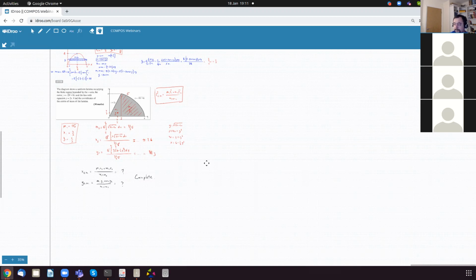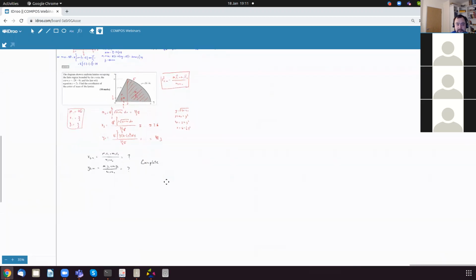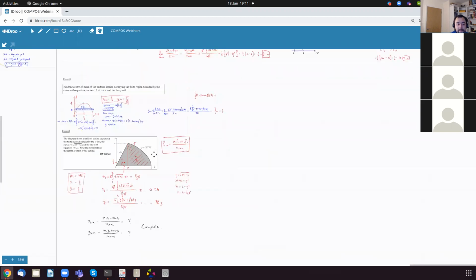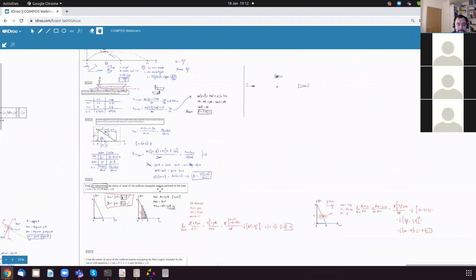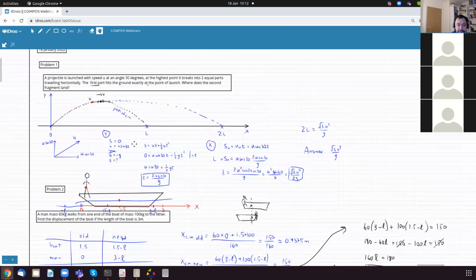I wanted to ask a question quickly. You know the projectile problem that you did? Where you said the center of mass carries on traveling along the path of the projectile.